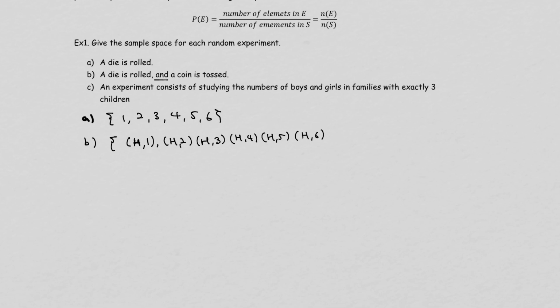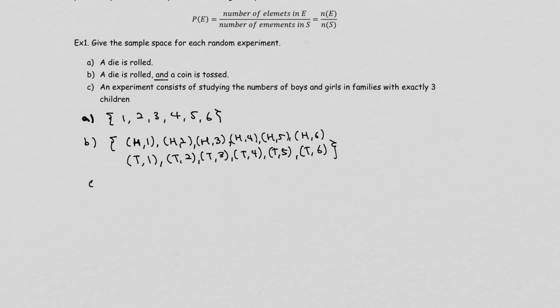But when you have a tail, you could also have tail with number 1 on a dice, or tail with 2, tail with 3, tail with 4, tail with 5, and 6. So these are the outcomes they can have.